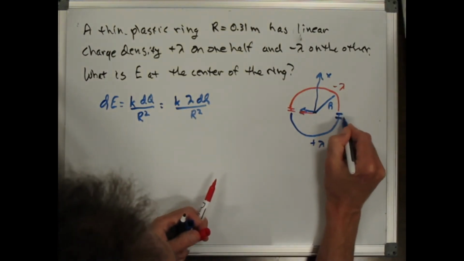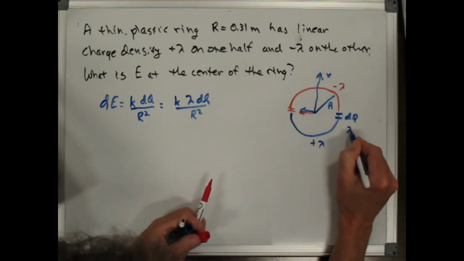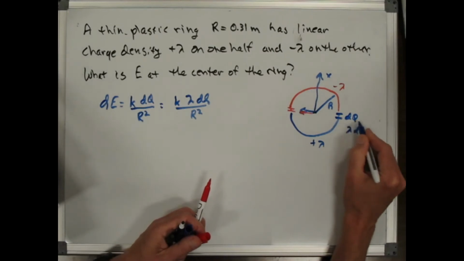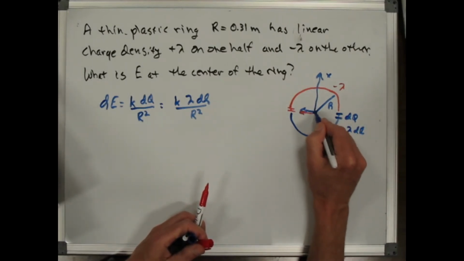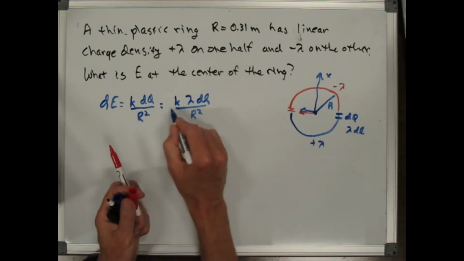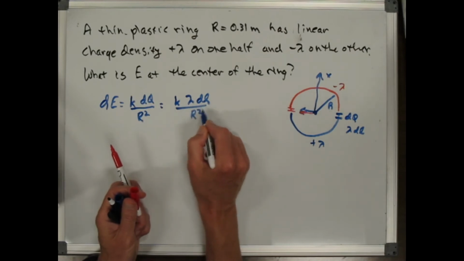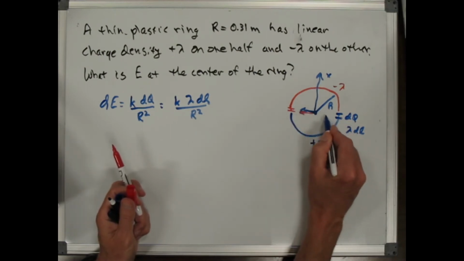I have a little dq here, and it's equal to lambda times dl, where the width of this piece is dl, and it creates an electric field at this point given by dE equals k dq over r squared, or k lambda dl over r squared. Since this is the positive half, it points away from this element in this direction.